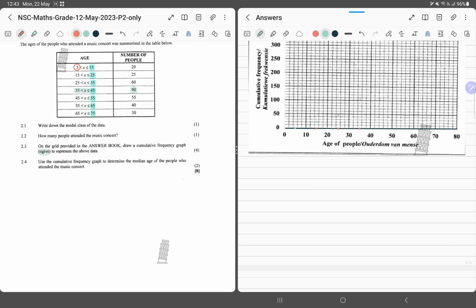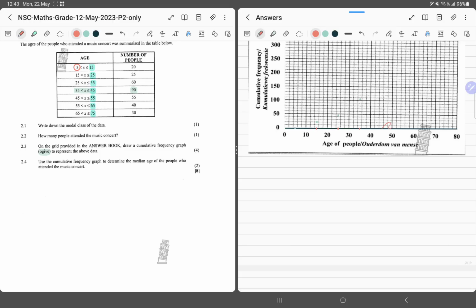So that's where 5 would be, right? The anchor. But, yeah. This is just one of those moments where you just take a bit of your time and don't stress.